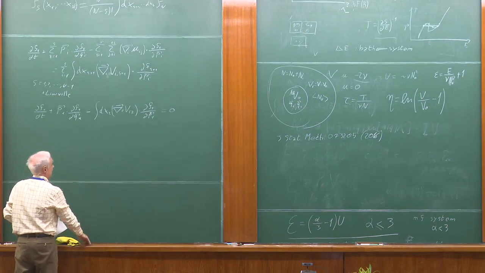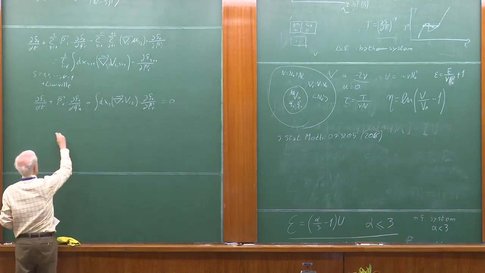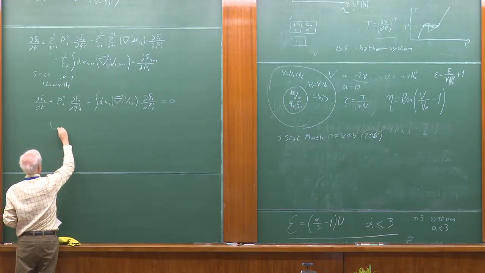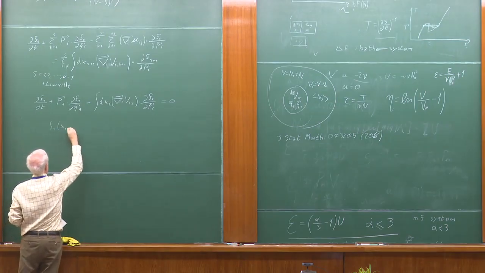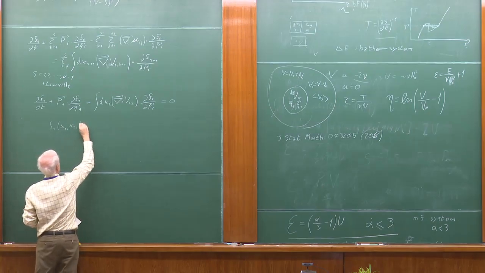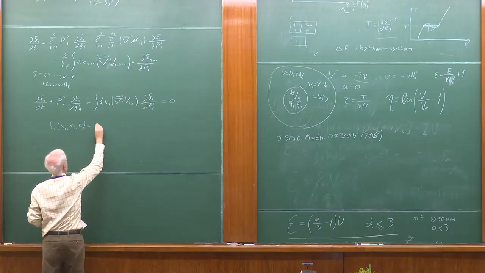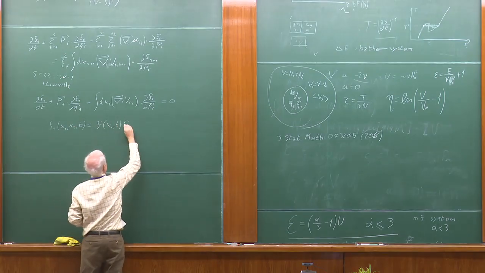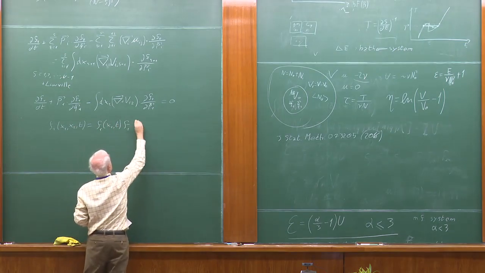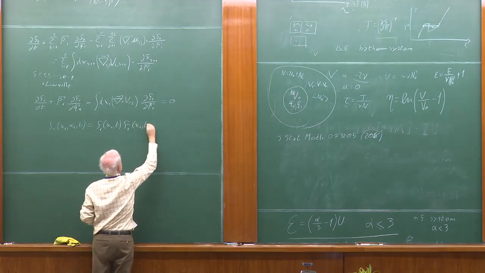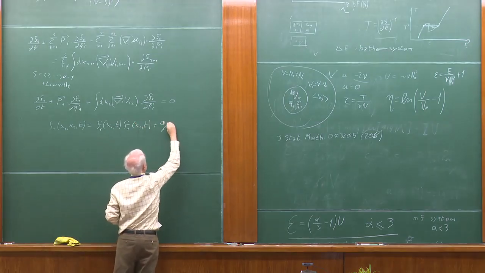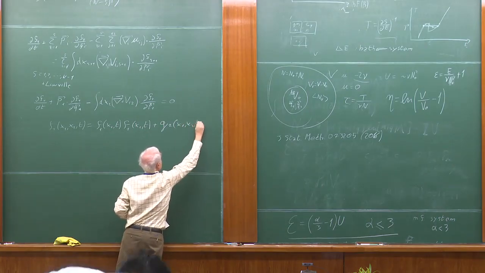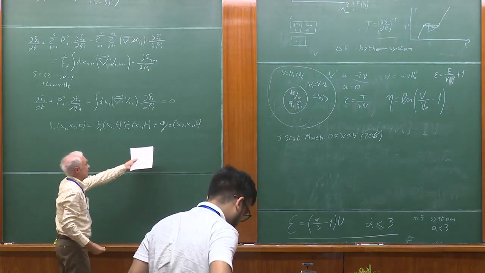To get the Vlasov equation, first you introduce the reduced correlation function, which is defined like this. It is a definition of this expression. Okay, this can be a definition of G2.